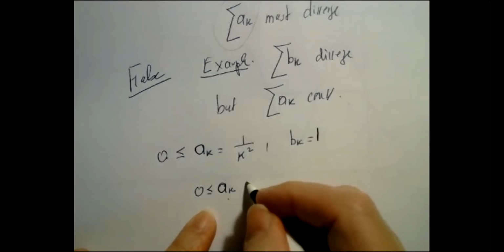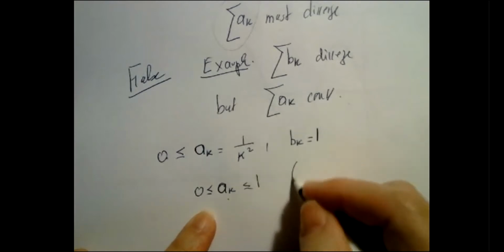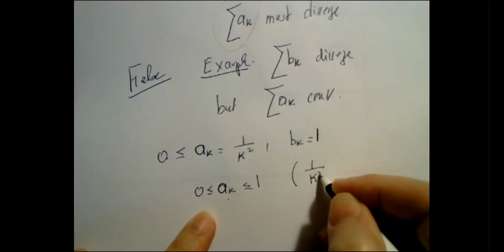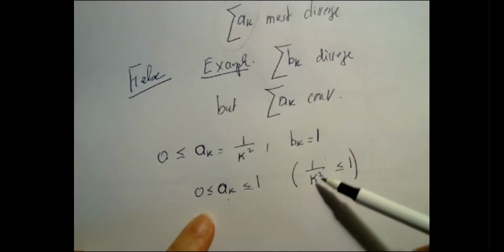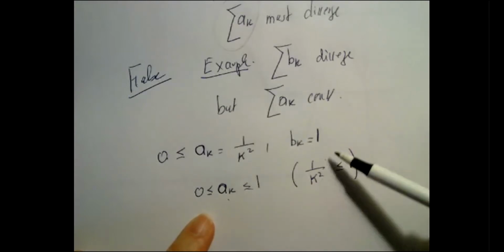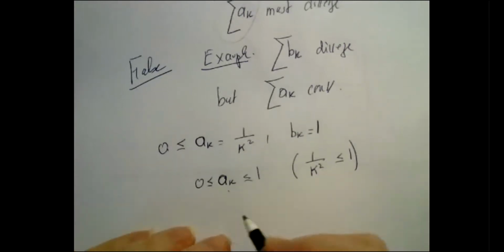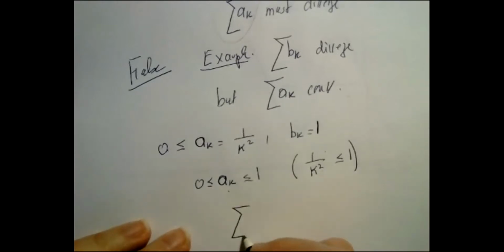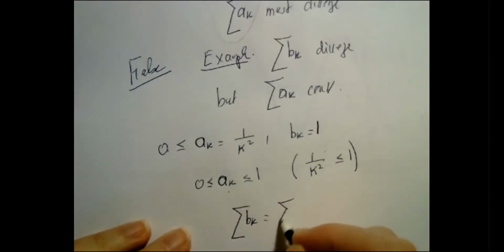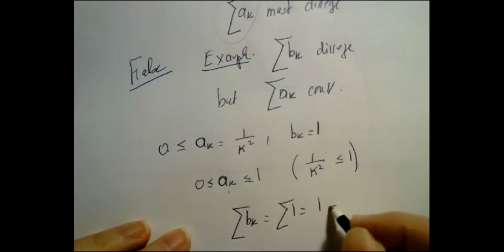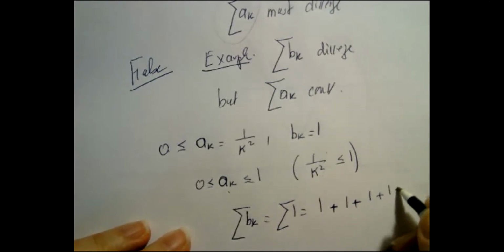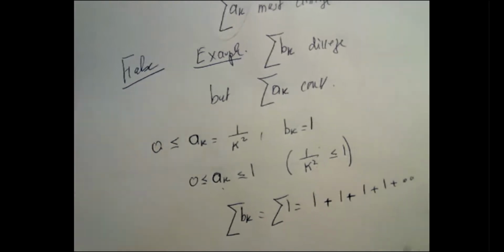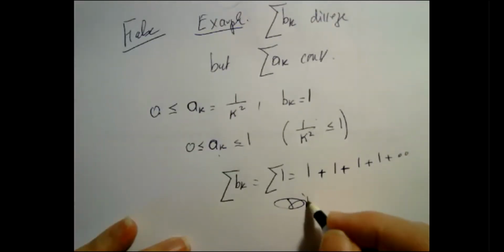Everything is positive, and it's less than 1. Basically, 1 over K squared is definitely less than 1. 1 over 2 squared, 1 over 4 squared, they're all less than 1. And now what's happening? The larger series is basically 1 plus 1 plus 1 plus etc. This definitely diverges.